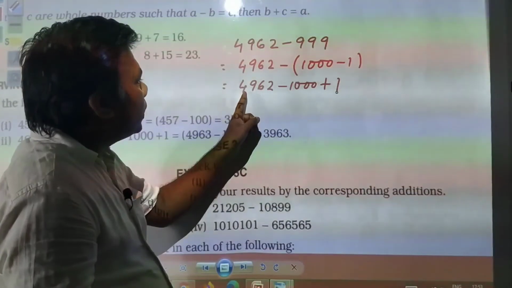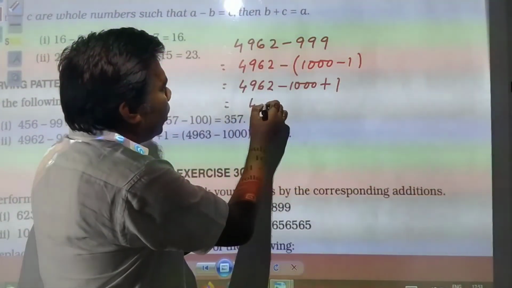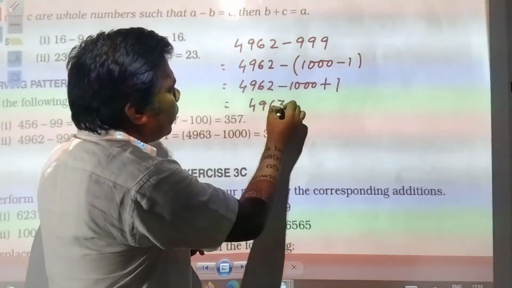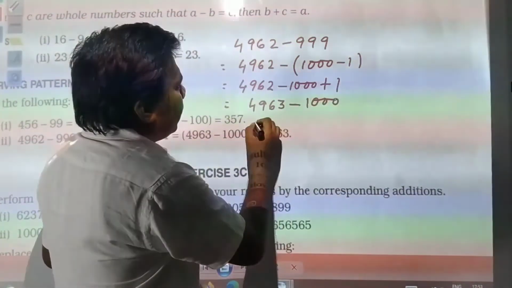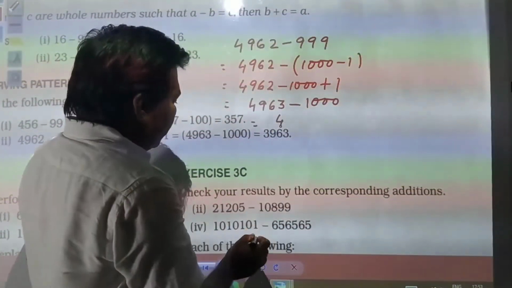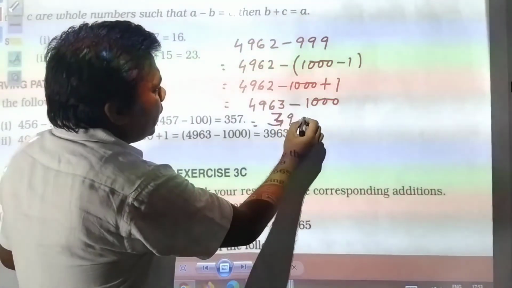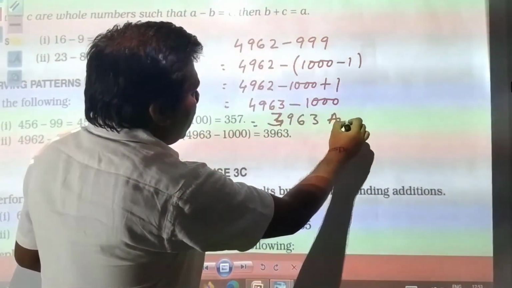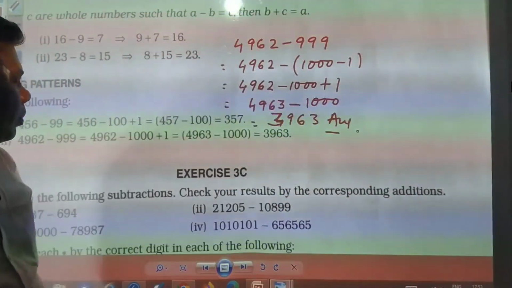Now 4962 plus 1 will be 4963 and minus 1000. It means 3963, and this will be your answer. So in this way this is required to be simplified.